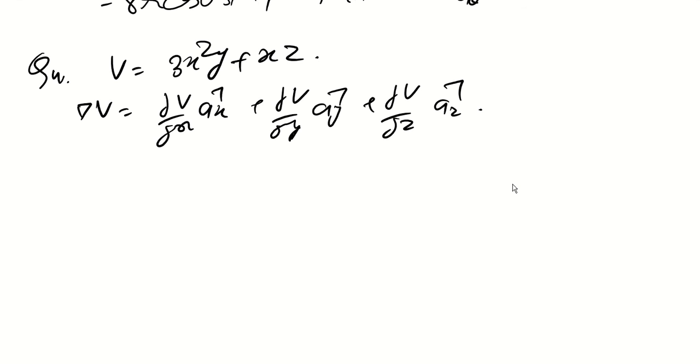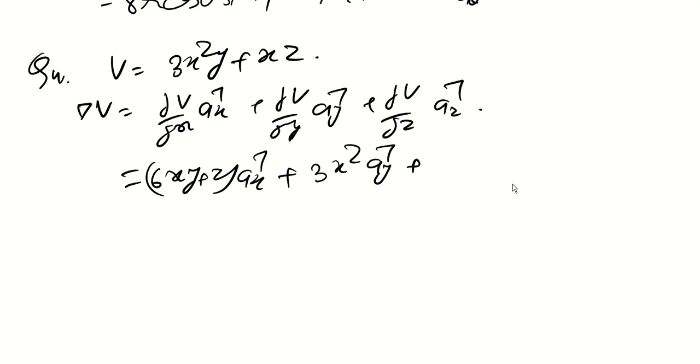Since this is in the Cartesian system, I don't have to utilize any multipliers; h1, h2, h3 are all 1. So I will do it a little faster. It will become 6xy plus z ax cap (you can also write it as i cap, j cap, k cap), plus with respect to y it will become 3x square ay cap, plus with respect to z it will become x az cap. Okay, so this is how you found the gradient.